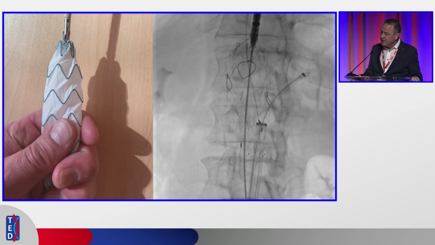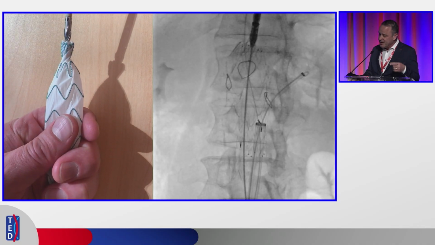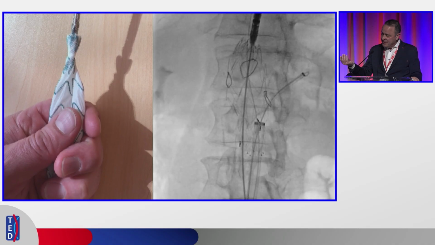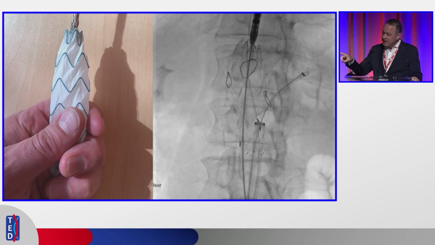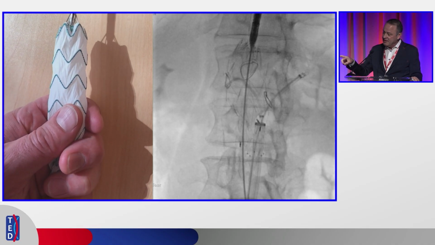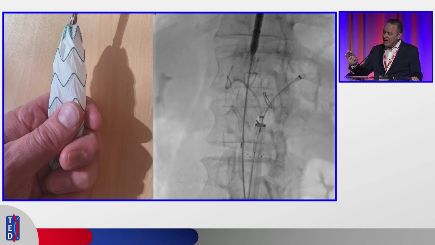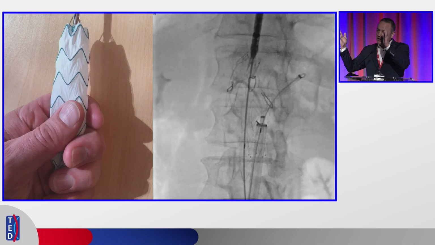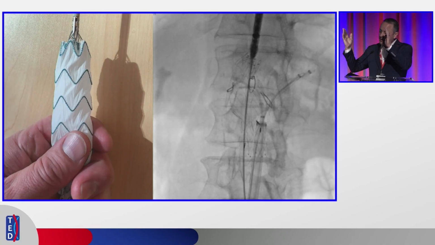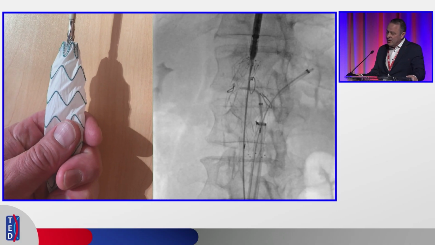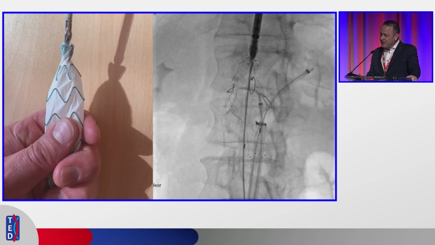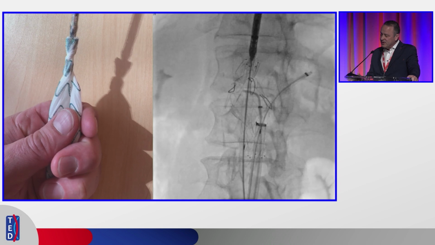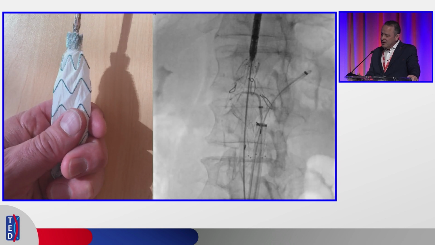This is a 3-vessel fenestrated case where we were having difficulty cannulating the right renal artery, so we collapsed the graft. The left renal is cannulated, you can see that. As we collapse this graft down, we're moving that fenestration away from the target vessel so that we can then get a wire out through the fenestration and into the target vessel. You'll see that this happens very quickly.